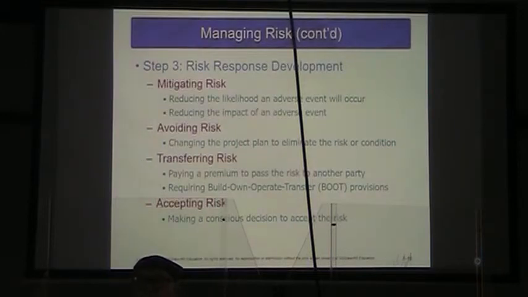And then if something happens, the star dies or some other thing happens where the movie can't be finished, the insurance company would pay off. The other way of transferring risk is to require build, own, operate, transfer provisions, which they're calling boot.